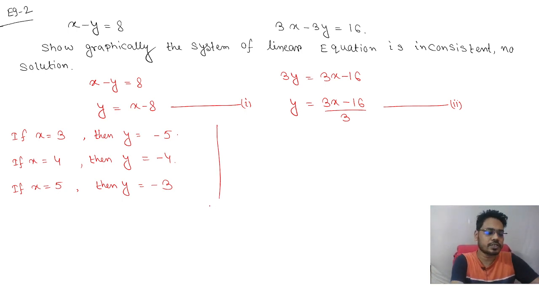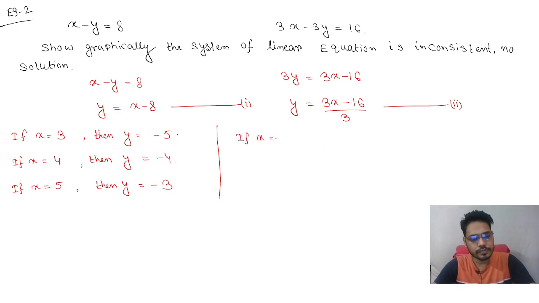Now in the second equation, if x is equal to 2, then y will be 6 minus 16, that is minus 10 by 3.